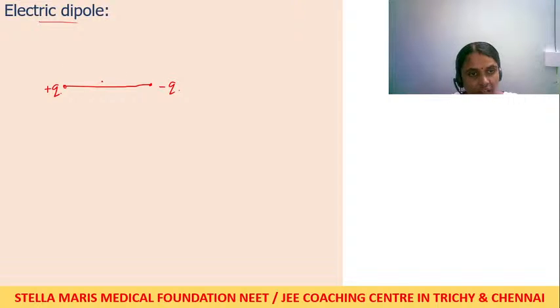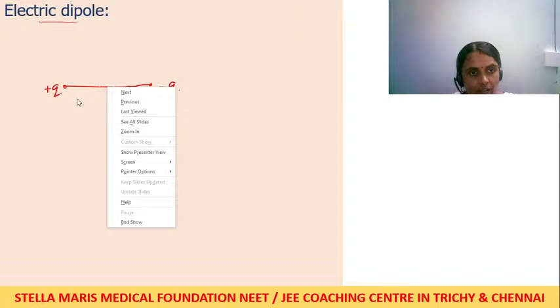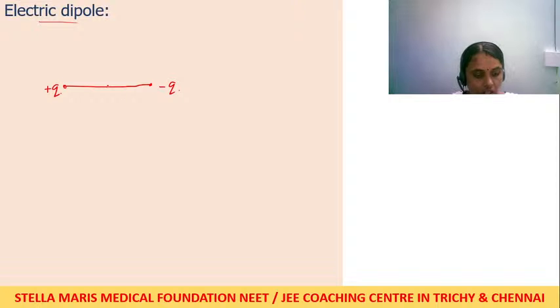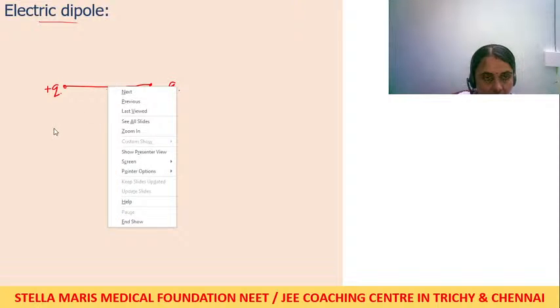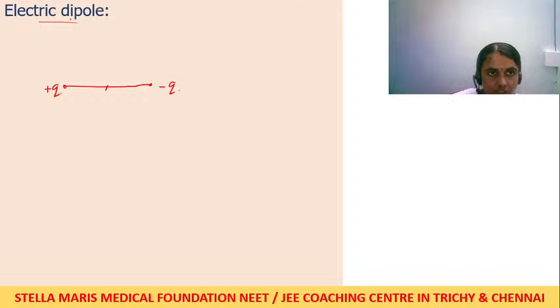When we take the center point between these two charges, in the question itself we know that the separation is 2a. So two equal and opposite charges are separated by a certain distance, called an electric dipole.